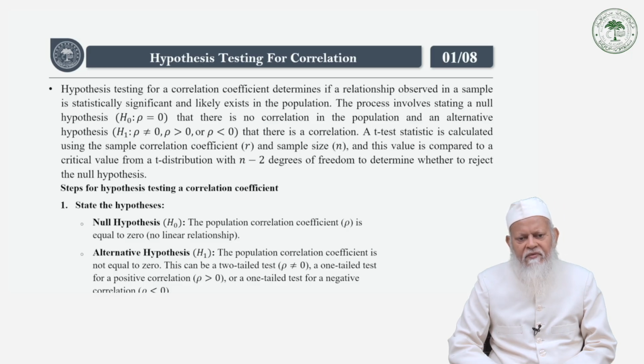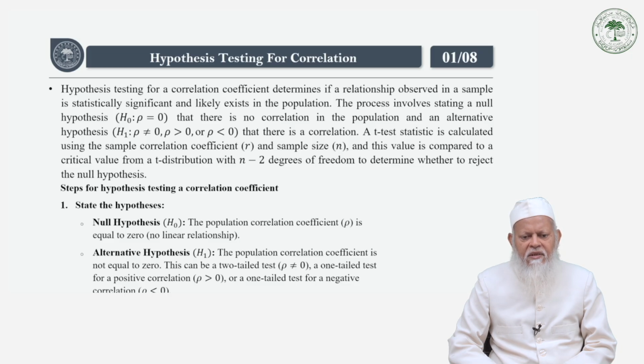So we should remember that, and we state the hypothesis that the population correlation coefficient is equal to 0, that is, no linear relationship. Then we have the alternative hypothesis that the population correlation coefficient is not equal to 0.